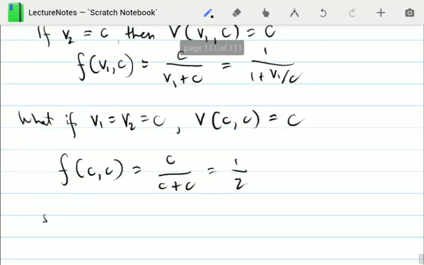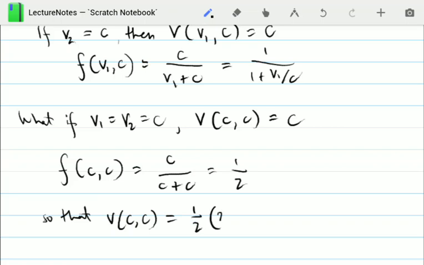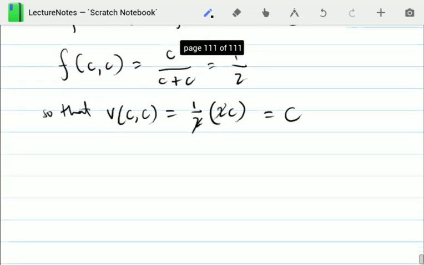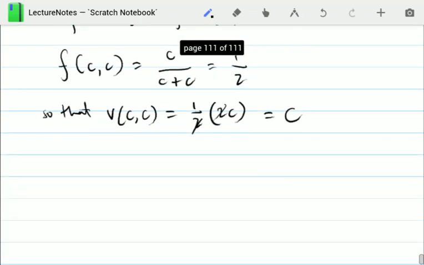So that when you let both v1 and v2 equal c, this will be equal to f, which is 1/2, multiplied by v1 plus v2, which is 2c, and indeed that is equal to c. So let's write those limiting cases. This function of v1 and v2 that we don't know, let's summarize.